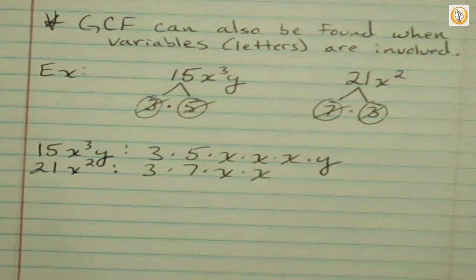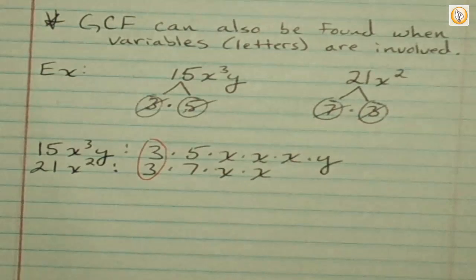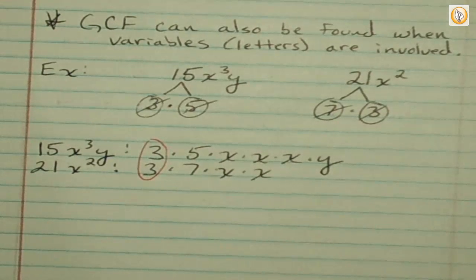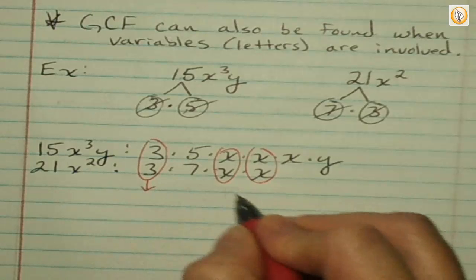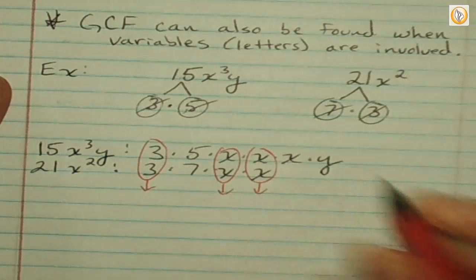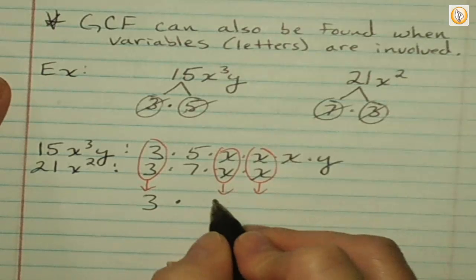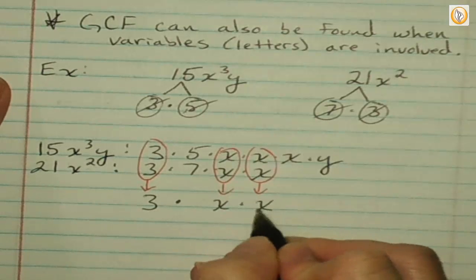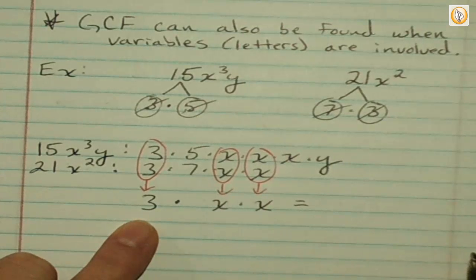Any questions so far? Now all I do is circle what I have in common. What do I have in common, Izzy? I have a 3 in common. I have this X in common. And another X. Here's my little arrows. I have 3 times X times X. Multiply it all together.